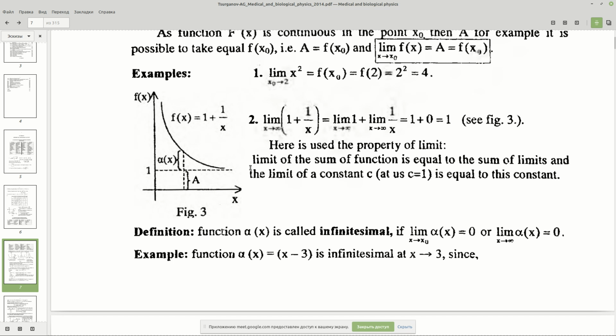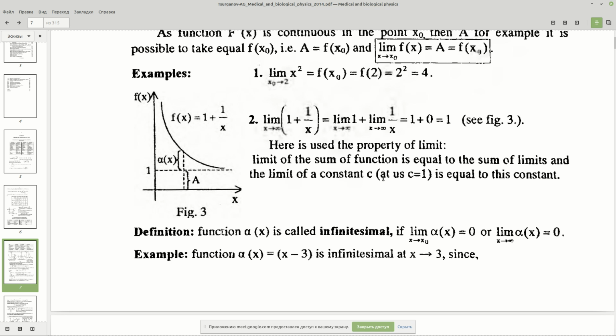Here we use the properties of limits: the limit of the sum of functions is equal to the sum of limits, and the limit of a constant c is equal to this constant.